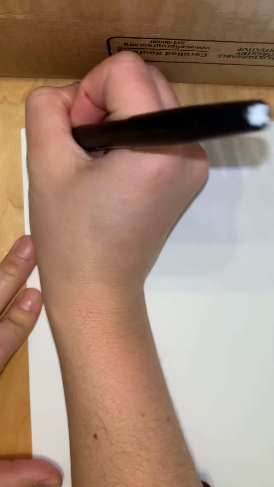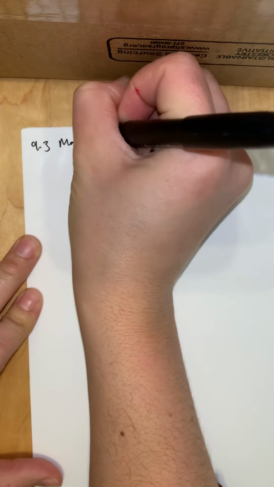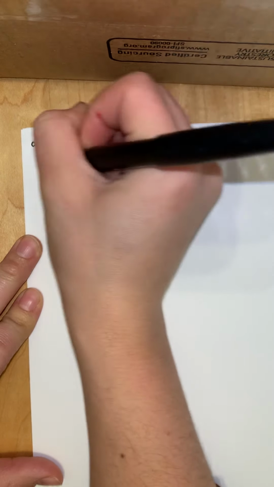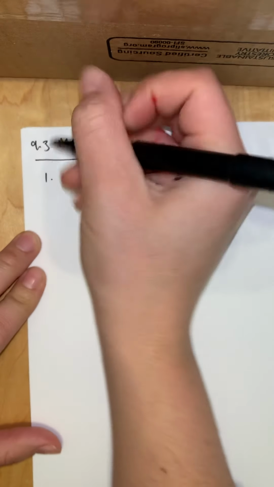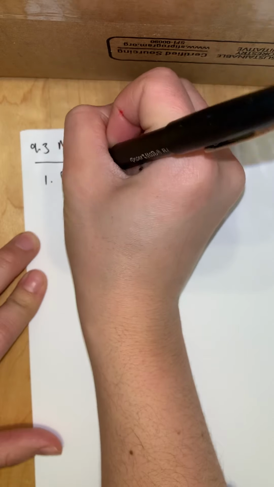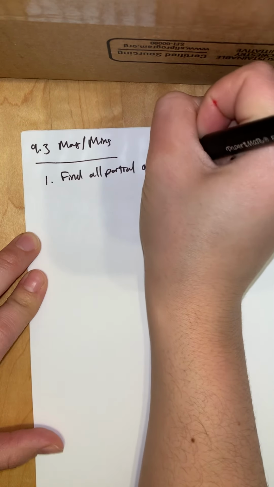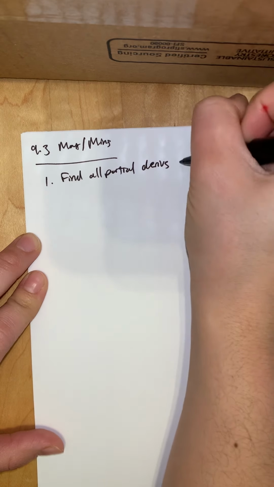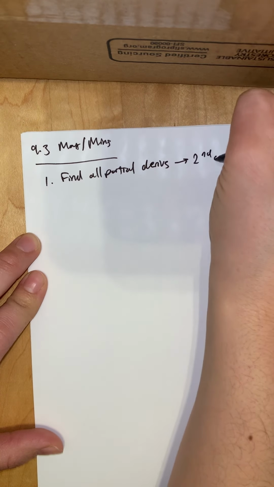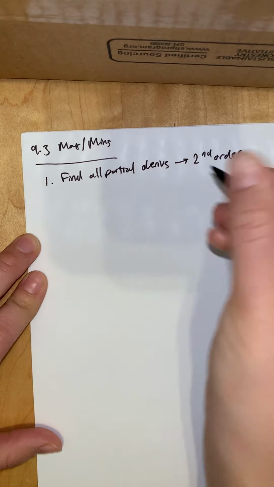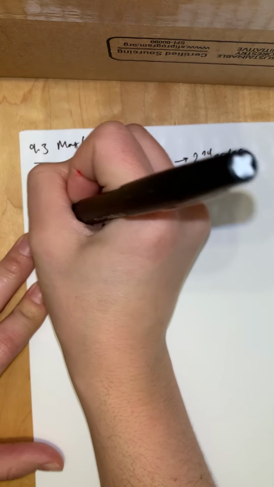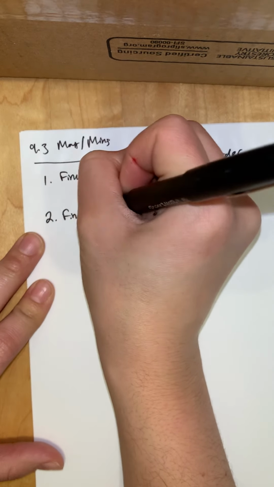For 9.3, these maxes and mins, step 1, we're going to find all of our partial derivatives. I want to go up to the second order to be clear. Step 2, I'm going to find my critical points.